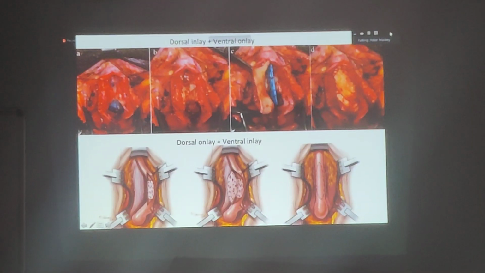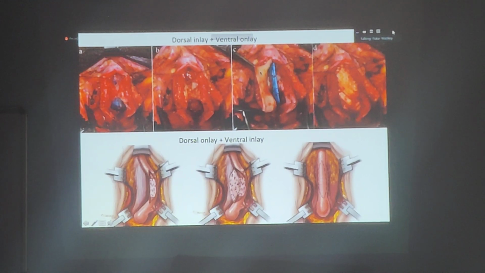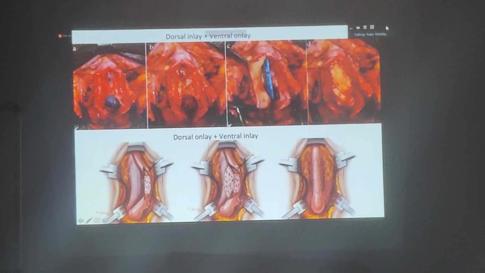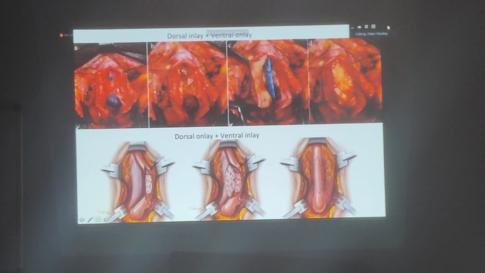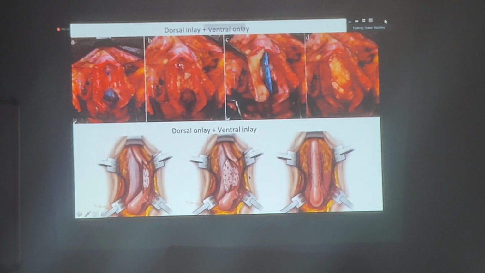So in this picture, we can see that the dorsal inlay is being done out here first, and then a ventral onlay of graft is being done. So here we have done a dorsal onlay and a ventral inlay of the graft.